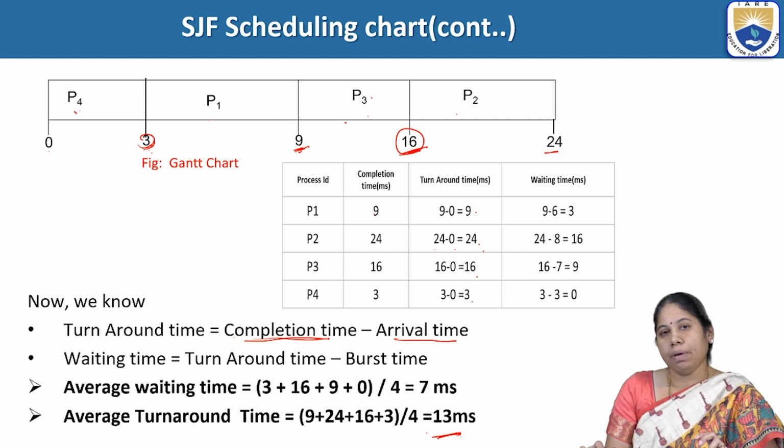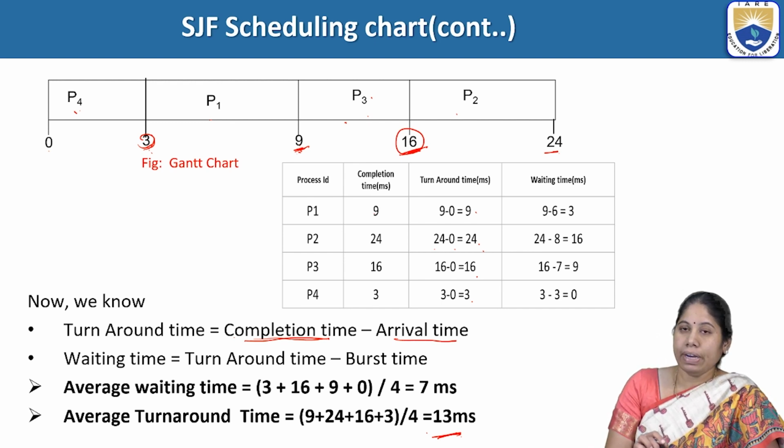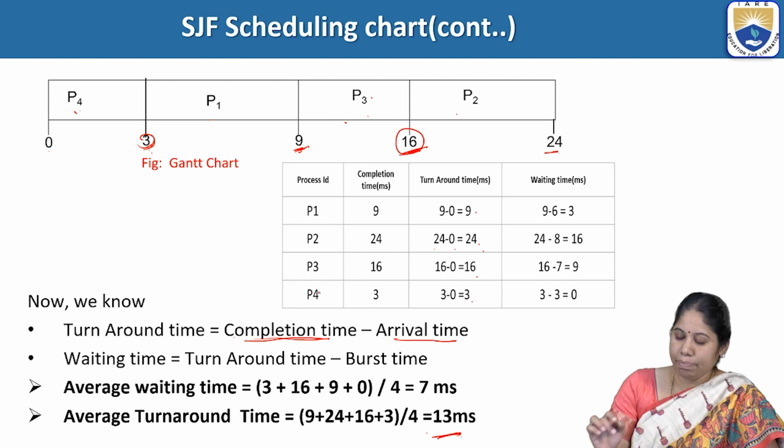These parameters will decide the performance of a system, right? Whether it is interactive, or for what kind of system this scheduling algorithm has to be applied, we will come to know. So now let us see how to calculate the waiting time for each and every process.